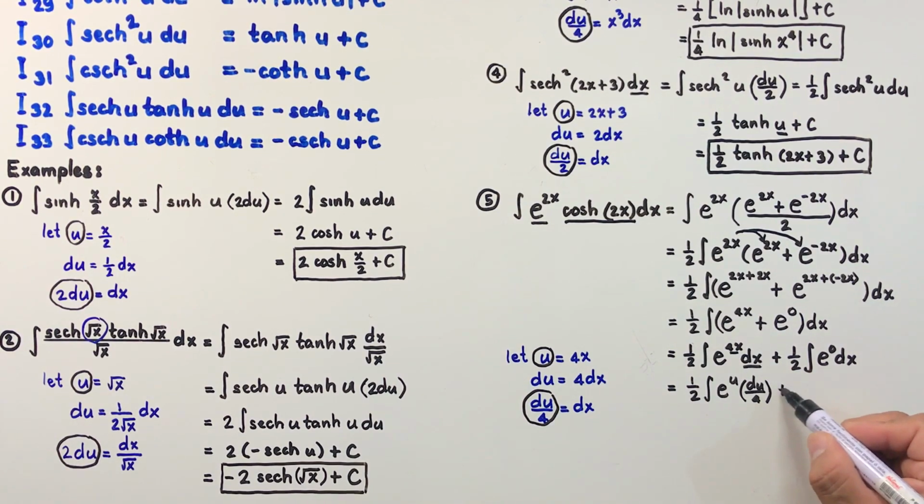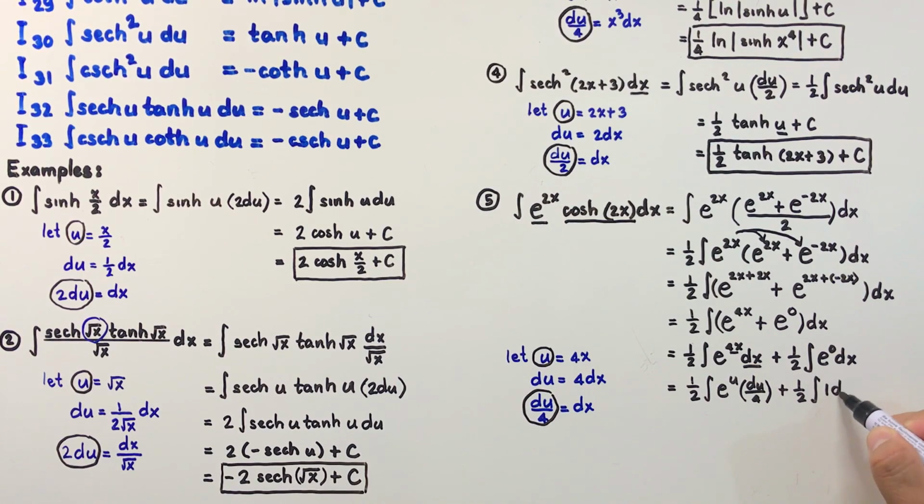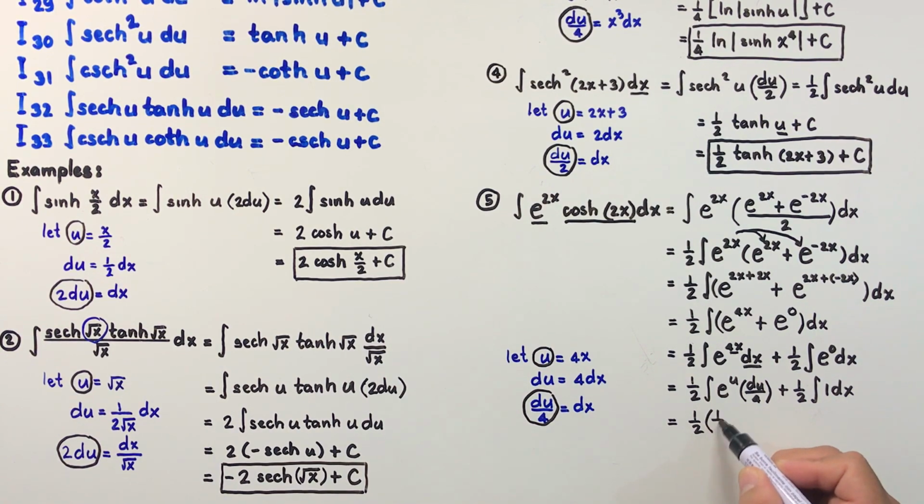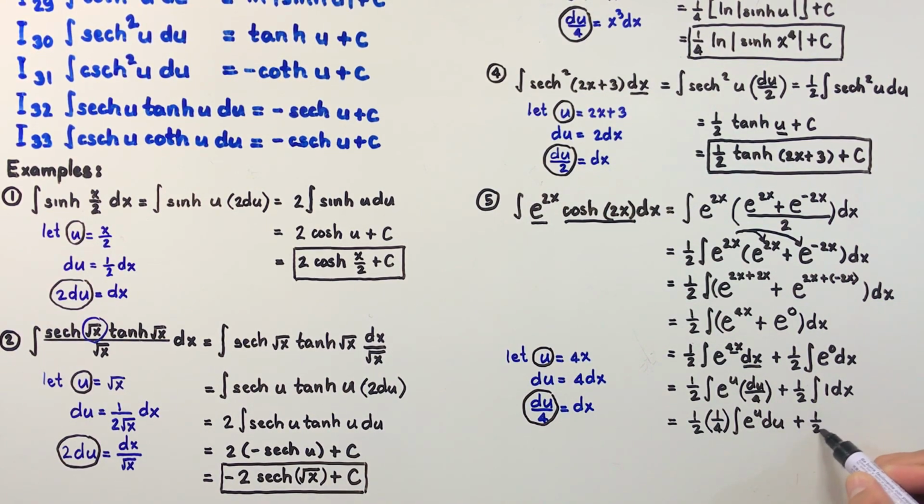And this is added to 1/2 of the integral of 1 dx, because e to the power 0 is 1. So factoring the constant of 1/4 outside the integral symbol, we have 1/2 times 1/4 times the integral of e to the power u du plus 1/2 of the integral of dx.